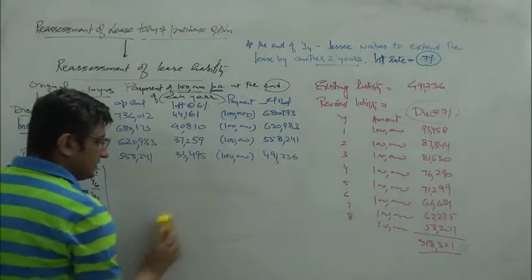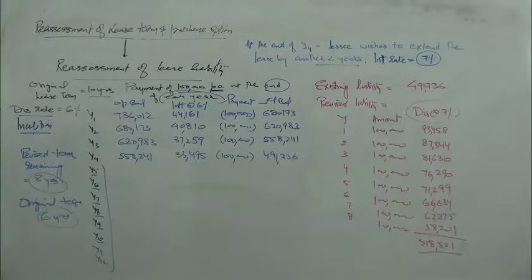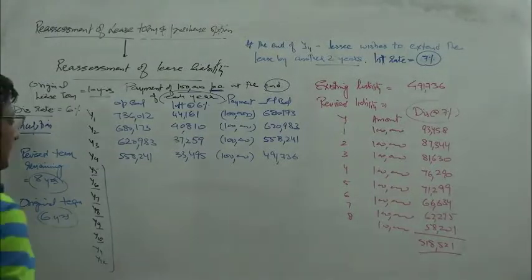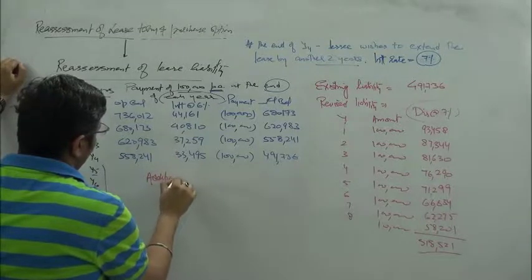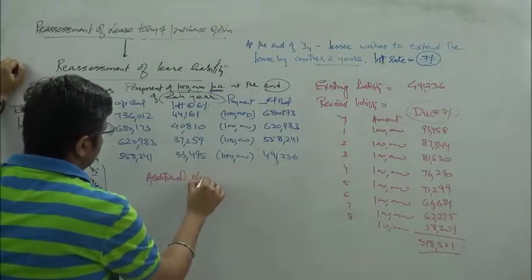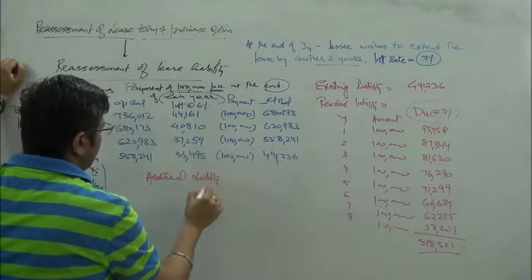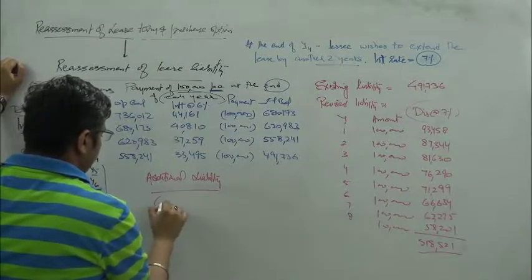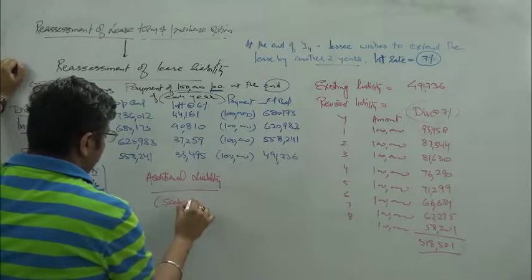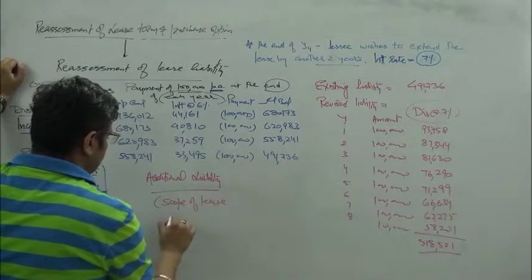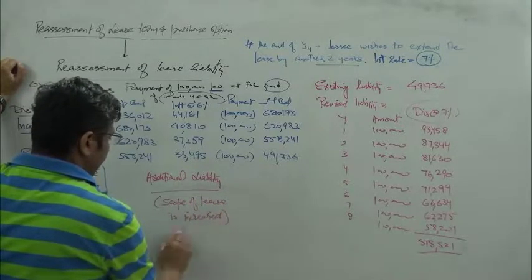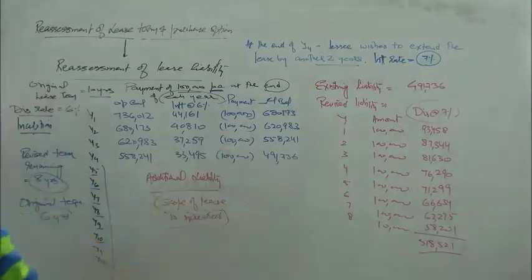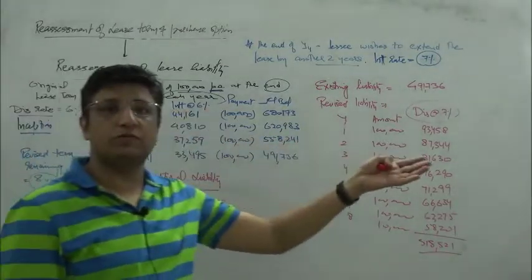what we do now is we reassess this liability as an additional liability. This is likely to arise when the scope of lease is increased, for example. Okay, we'll discuss that separately. What happens in case the scope of lease has gone down?